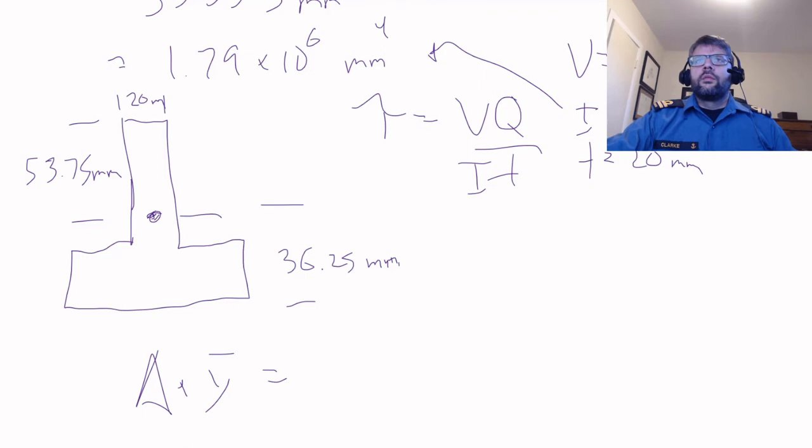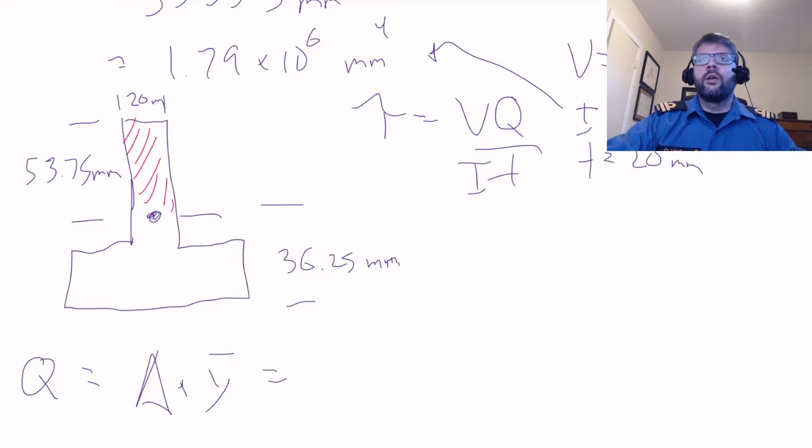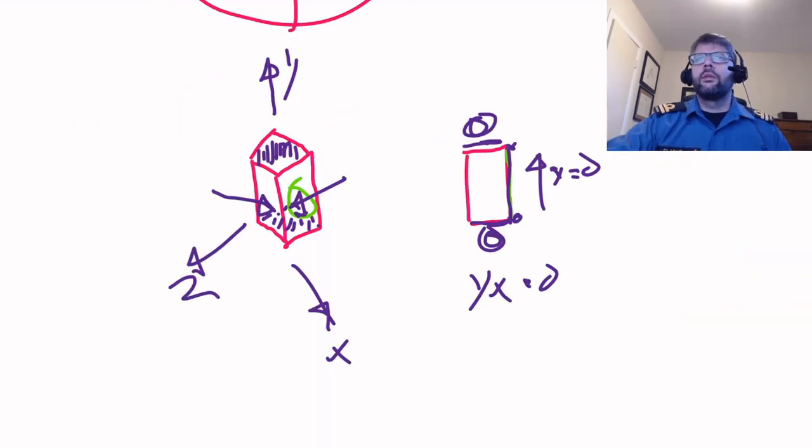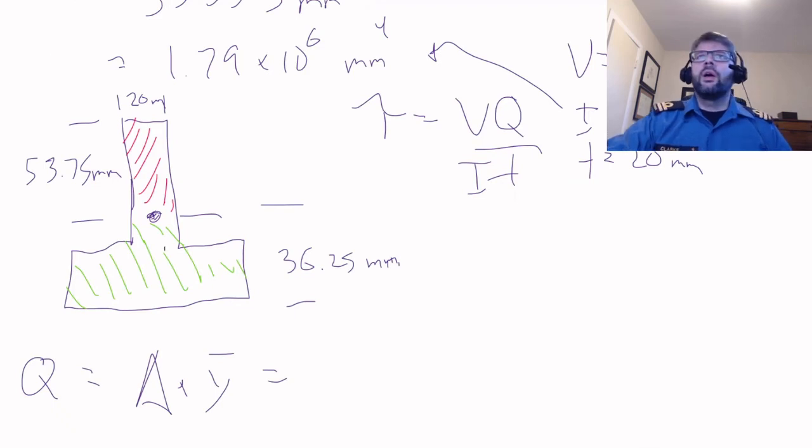So our Q is equal to A times Y bar. Again, we can calculate it either for this red shaded section here, or for this green shaded section here, and they'll be the same. The easier one to calculate is obviously the top part, so we'll stick with that.